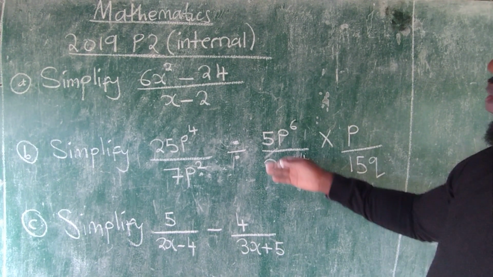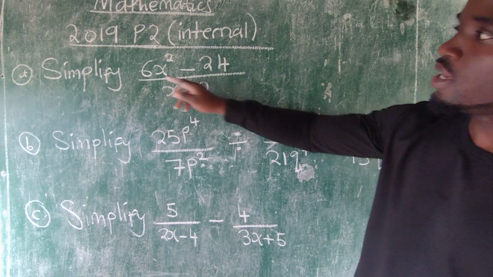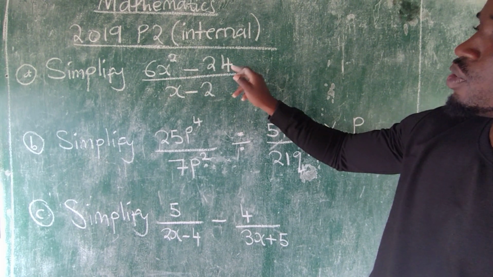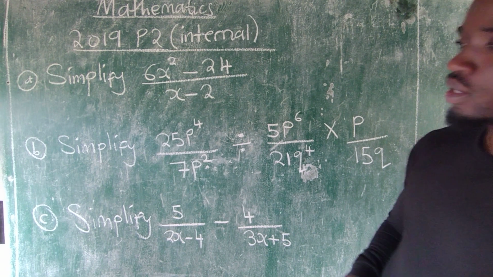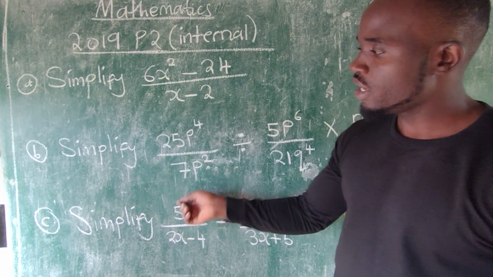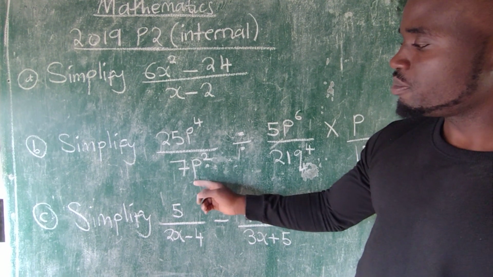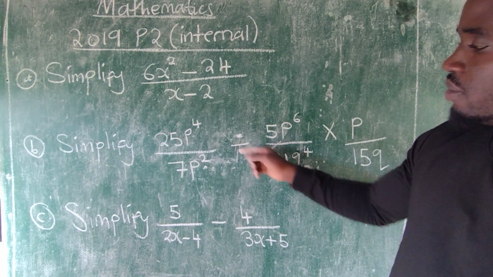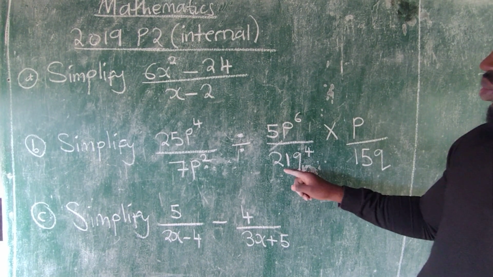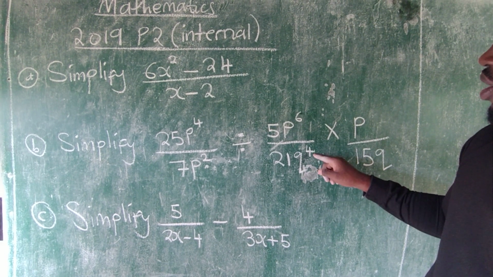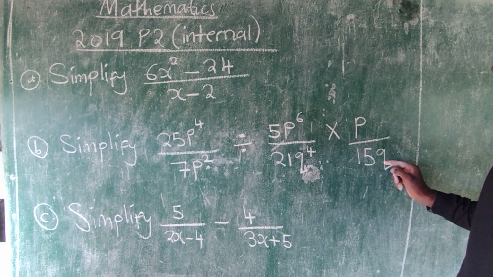Okay, so as you can see, we have question A, B, and C. So the first question there is simplify 6x squared minus 24 divided by x minus 2. Then our second question is simplify 25p raised to the power of 4 divided by 7p squared divided by 5p to the power of 6 over 21q to the power of 4 times p over 15q.